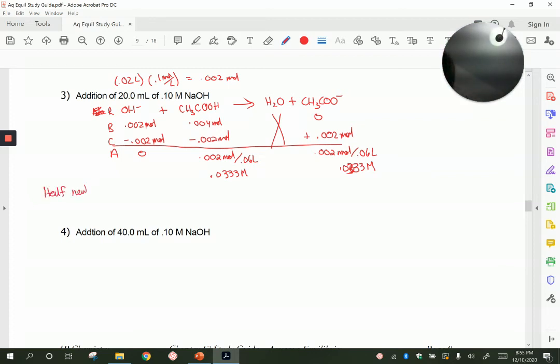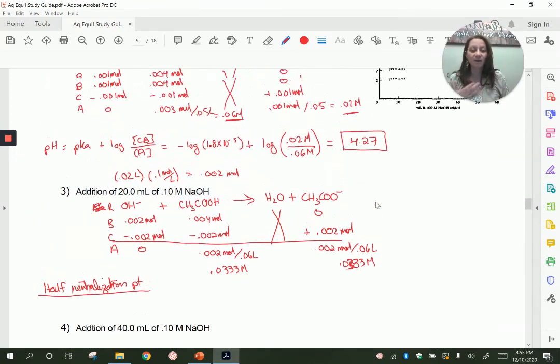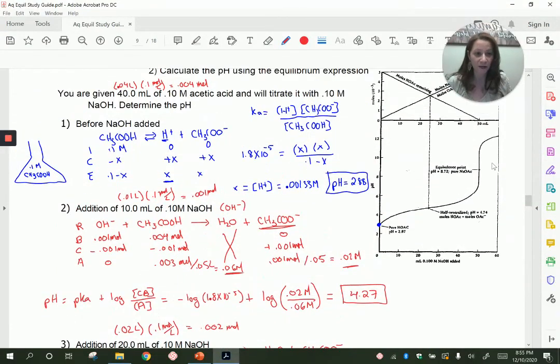Half neutralization point. What does that mean? That means you've added half of the amount of the base that you need to get to the equivalence point. You added half of the amount of base that you need to use up all your acid, right?